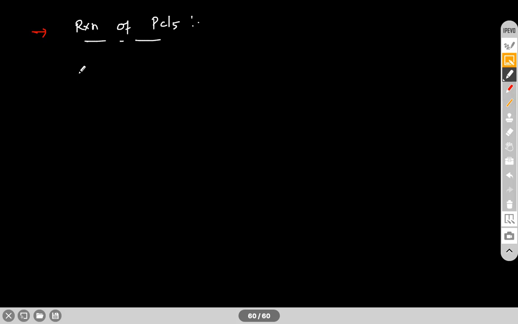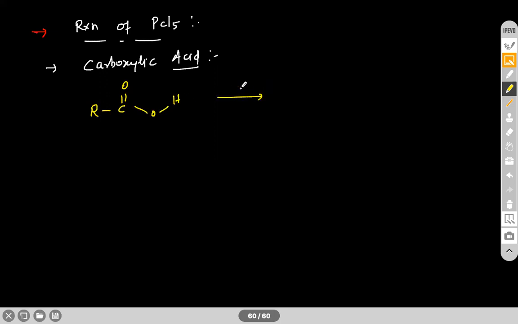Suppose we have an acid, right? Carboxylic acid. This reduces your effort. Okay, if you find out the pattern of how the reaction is going on, you can keep all the products in mind. Acid है तो मैंने क्या लिखा? मैंने लिखा RC double bond O OH reaction with PCl5.